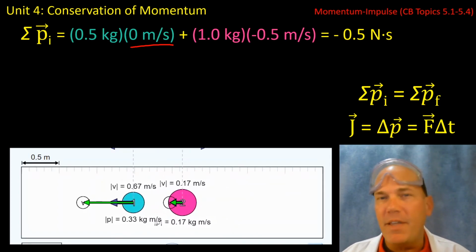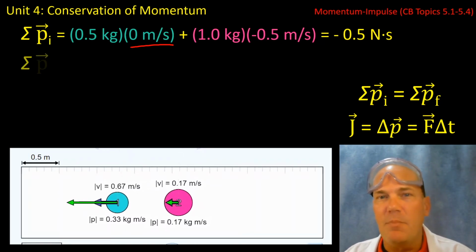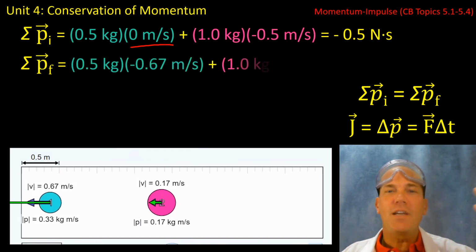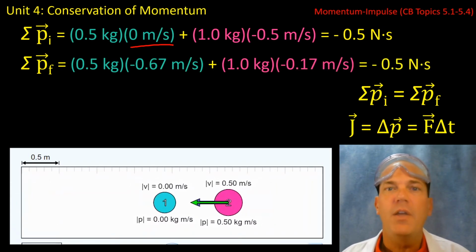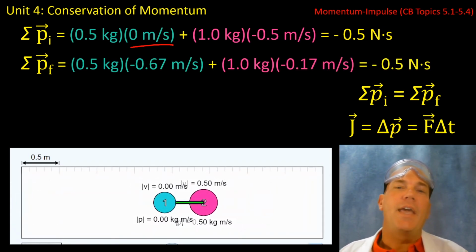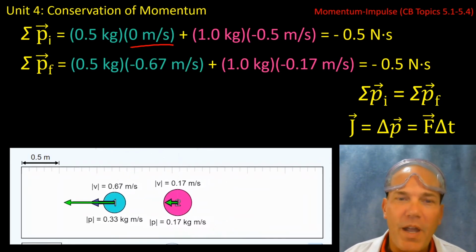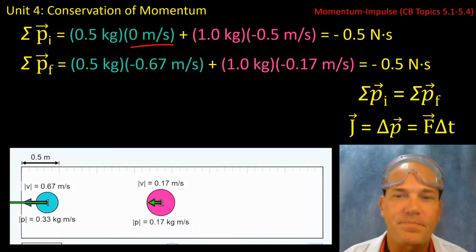It is not moving and therefore has no initial momentum. Let us now sum the momenta final. After the collision, we see the light blue ball is now moving off to the left, and it has a velocity in the left direction of 0.67 meters per second.